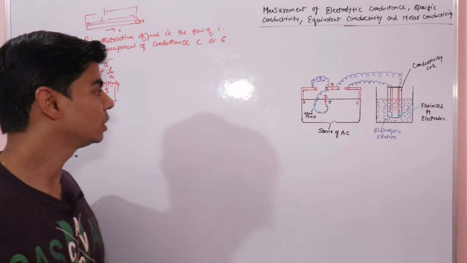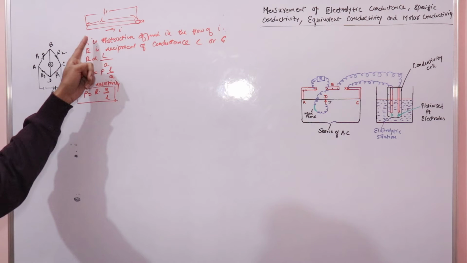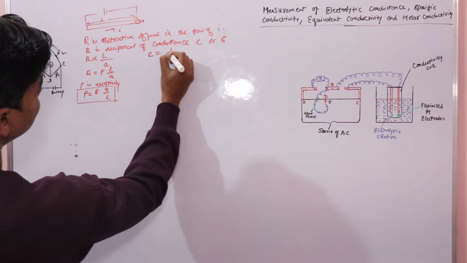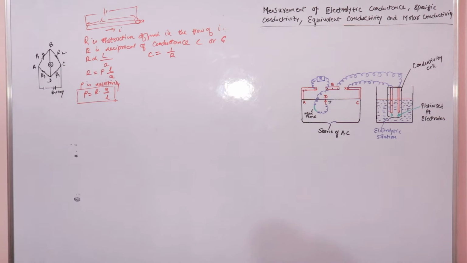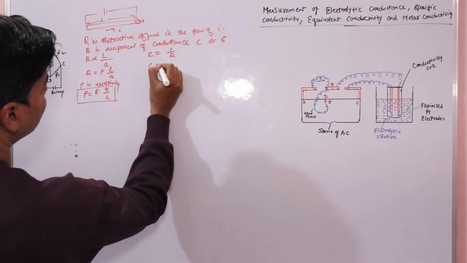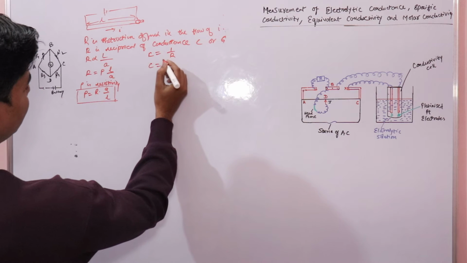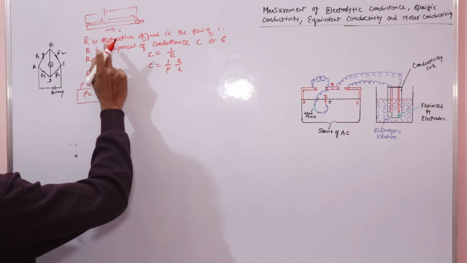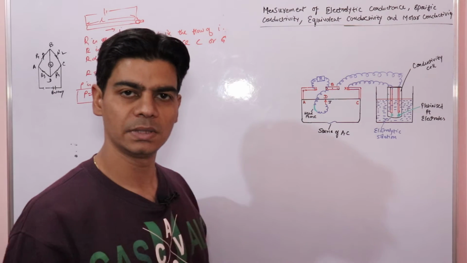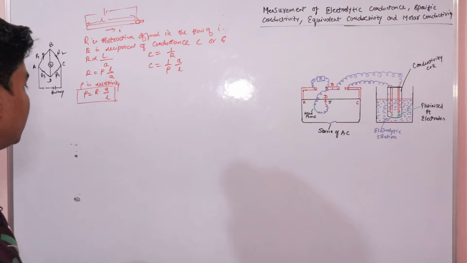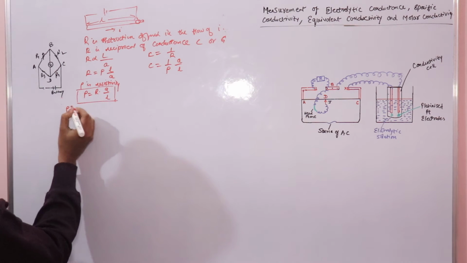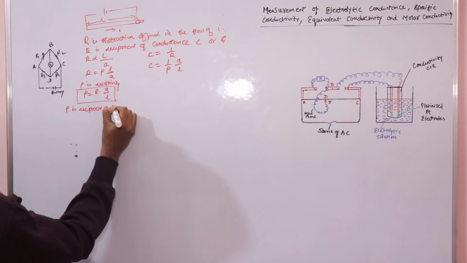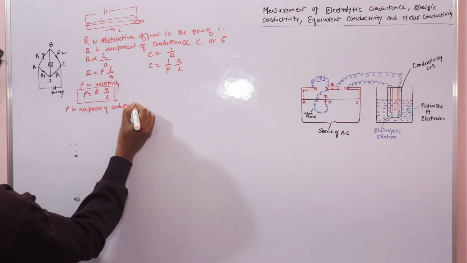Now let's see what conductance is. Since resistance is the reciprocal of conductance, conductance is equal to 1 upon R. Putting the value of R, conductance would be 1 upon rho A upon L. Just as resistance is the reciprocal of conductance, resistivity rho is the reciprocal of conductivity, denoted by kappa.